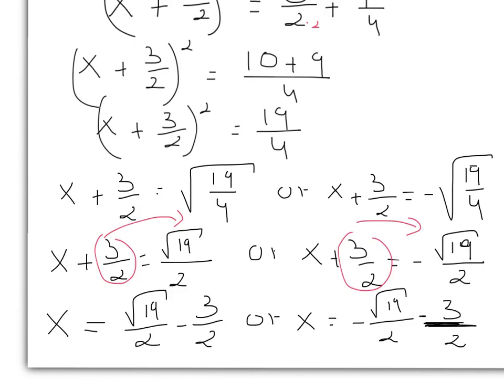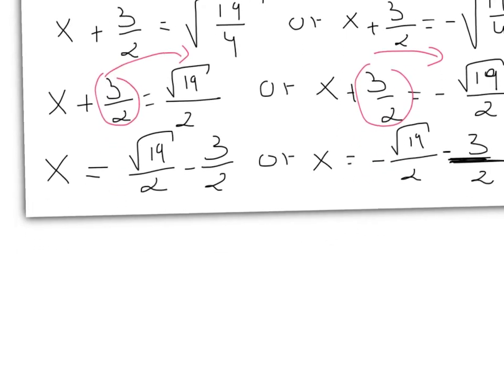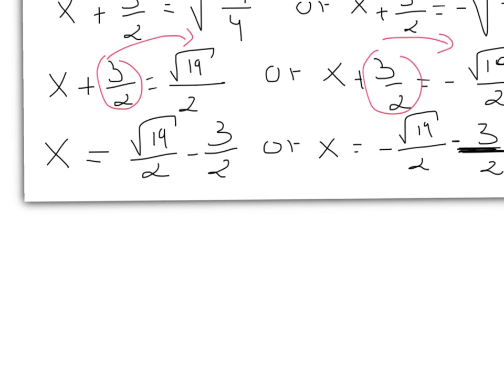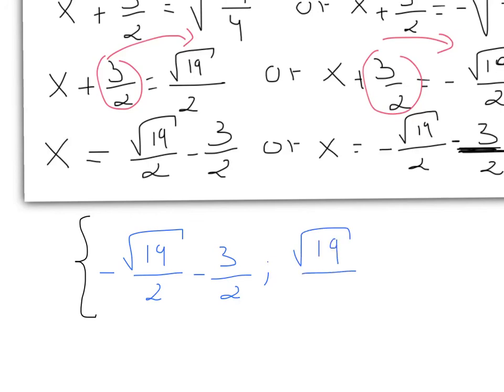So we have two solutions here. The first one, we start with the lowest number: negative square root of 19 over 2 minus 3 over 2. And the second one is square root of 19 over 2 minus 3 over 2.